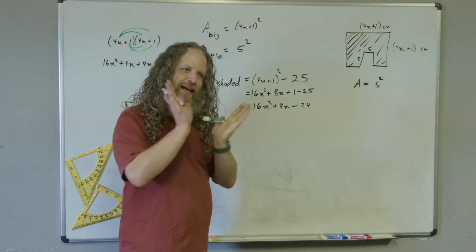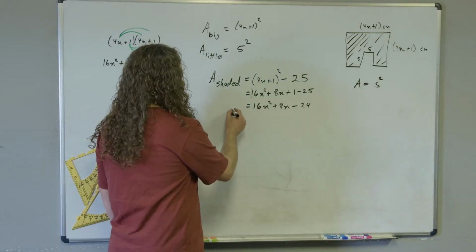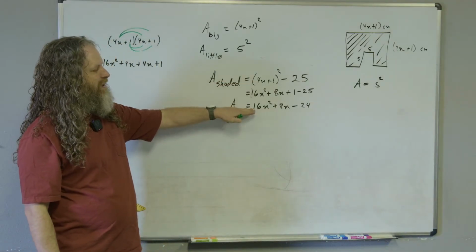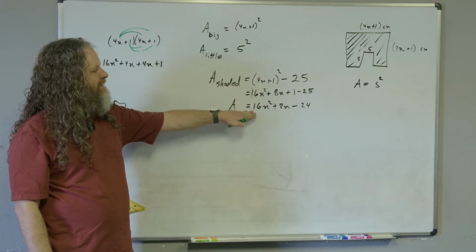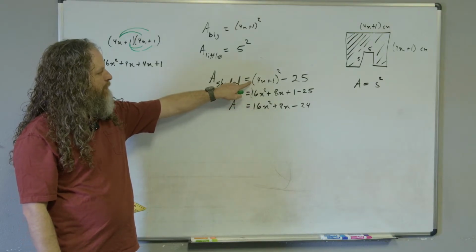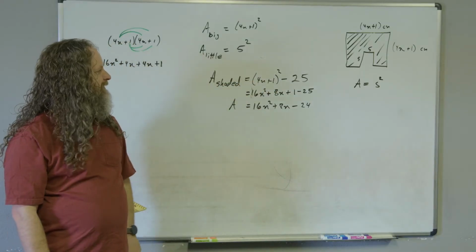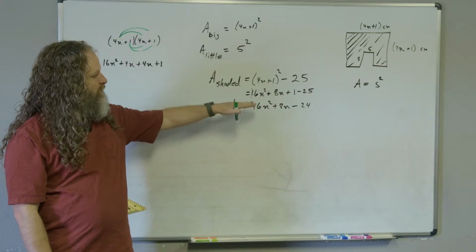The dimensions are the length and width. This is the area, uglified. We just turned this into this. That's all we did, right? Because we distributed this out, and then we subtracted the 25. Okay, so that's what we did.